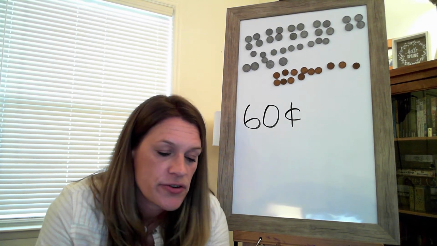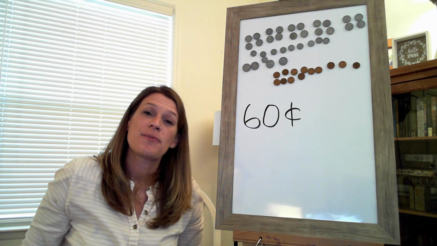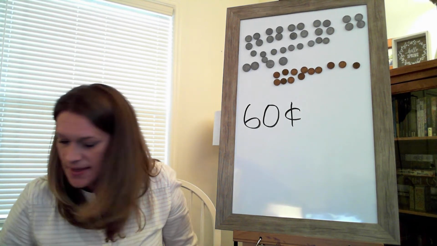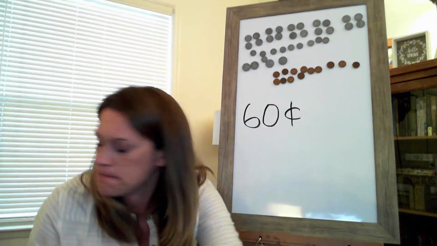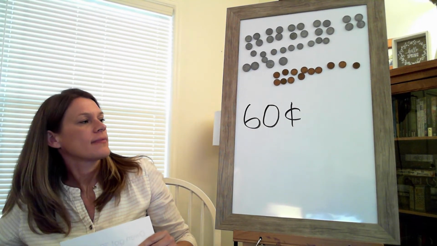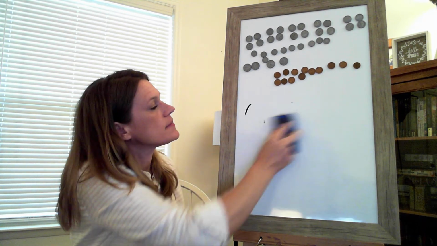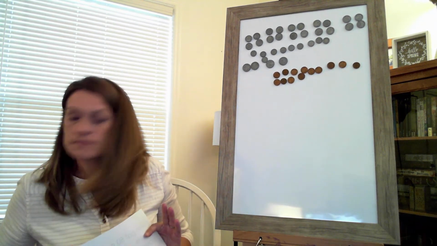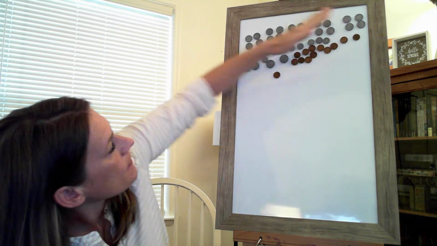All right, first graders, your favorite part is coming up. Word problems. All right. I think you're going to like these though. Let me push all my coins up here.